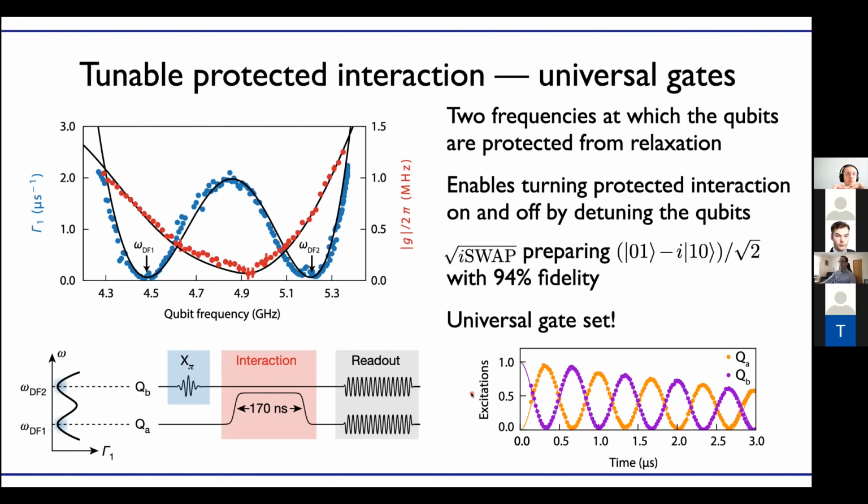And we can see, as a function of interaction time here, how the populations in the two qubits oscillate back and forth. And if we stop here at this halfway point, where we've transferred half of the excitation, we have done what's called a square root of iSWAP two-qubit gate. We prepared this maximally entangled state. We could do that with 94% fidelity.